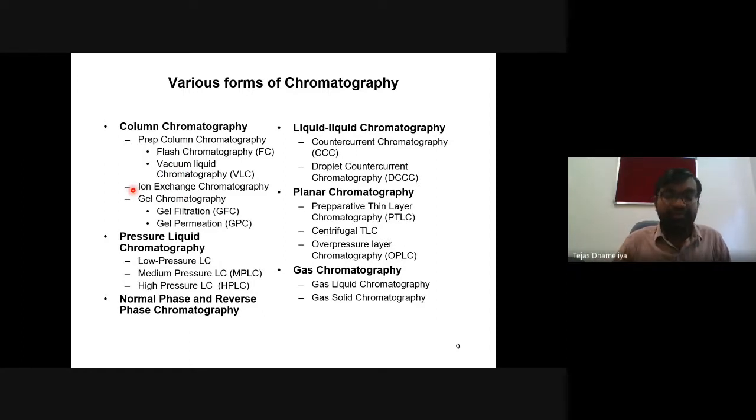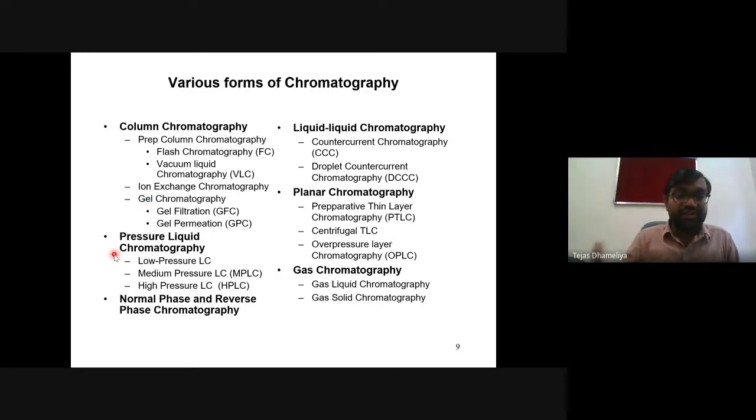I mean to say, negative or positive kinds of ion exchangers are used. Gel chromatography, where certain gels are used, made up of cellulose or some other kinds of gels which are available. So gel permeation chromatography and gel filtration chromatography, these kinds of chromatographic techniques are also used.